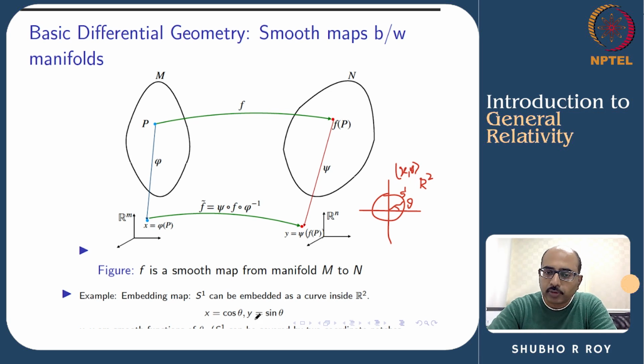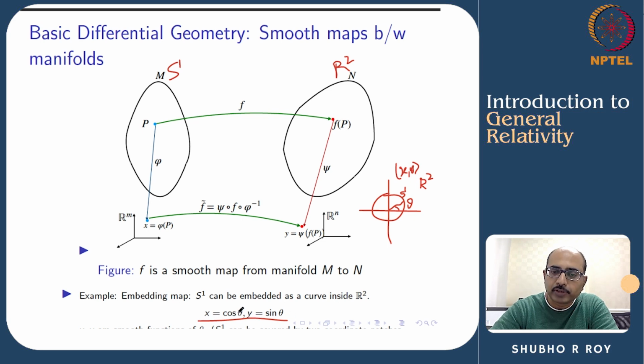Okay, so this is sometimes called the embedding map, and this is a smooth map. Why? Because x and y, these coordinates, so n is going to be R2, and m is going to be S1. So this map is given by these equations. So this is actually the F tilde map because I'm writing down the map between the coordinates.